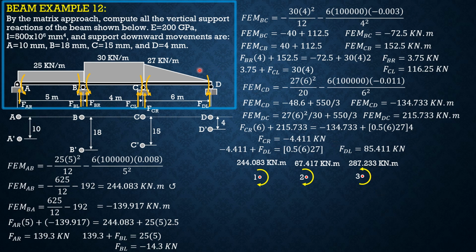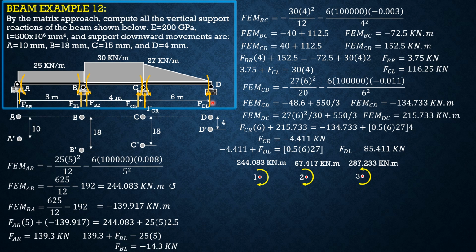Then finally, because this is clockwise and it is positive DC, we make it counterclockwise because global forces are opposite to the nodal forces.